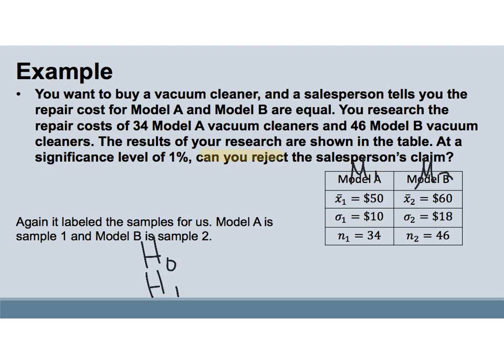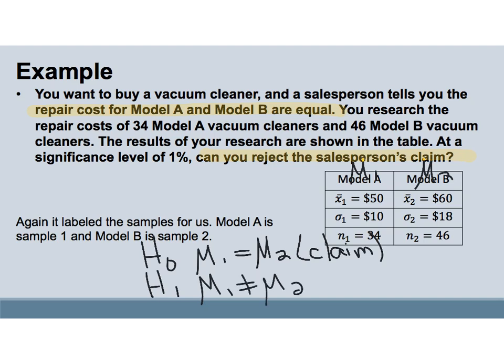It says, can you reject the salesperson's claim? Well, the salesperson's claim was that the repair costs for model A and B are equal. So it's just like our last one. He says that mean 1 is equal to mean 2. Opposite of that for the alternative would be not equal to. So we're going to see if he's right or wrong.